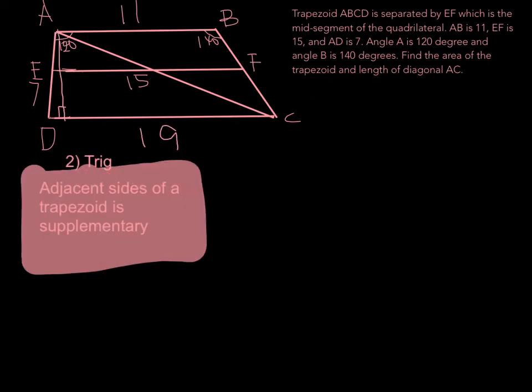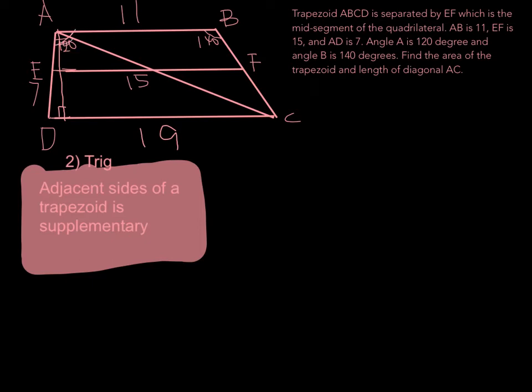So the next thing we need to find is the height using trig. One cool property of a trapezoid is that its adjacent angles are supplementary. I want to take notes on that. So we know that this is 120.